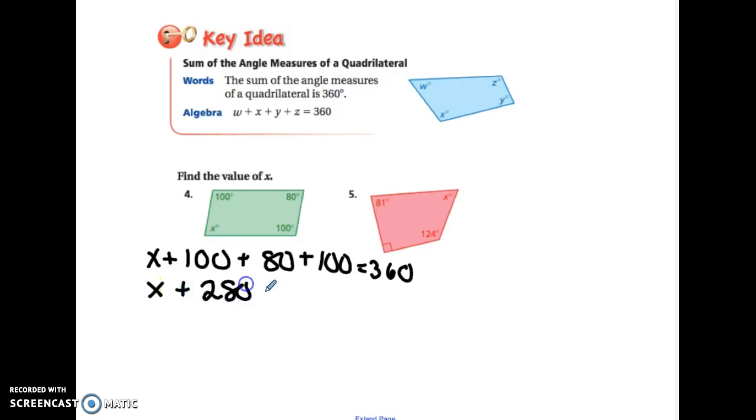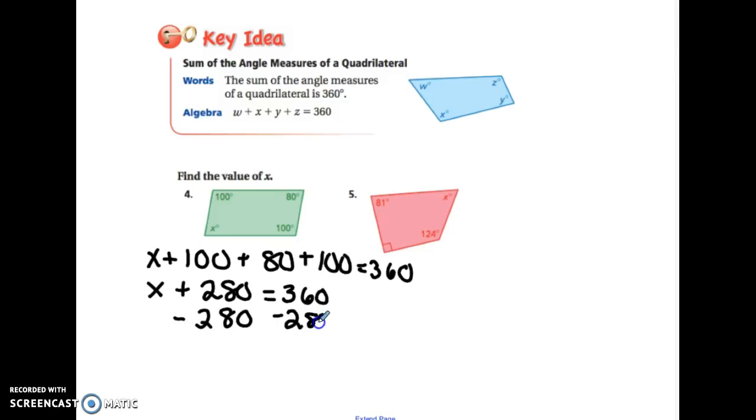We would say x plus 100 plus 80 plus 100 equals 360. Combine your like terms first. 100 plus 80 plus 100 is 280. Isolate to get x by itself.